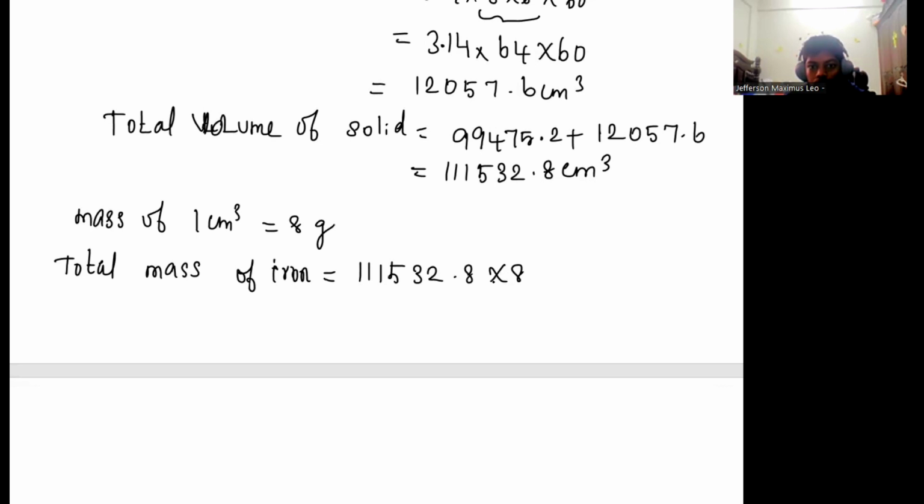Multiply with 8 and put the decimal point.